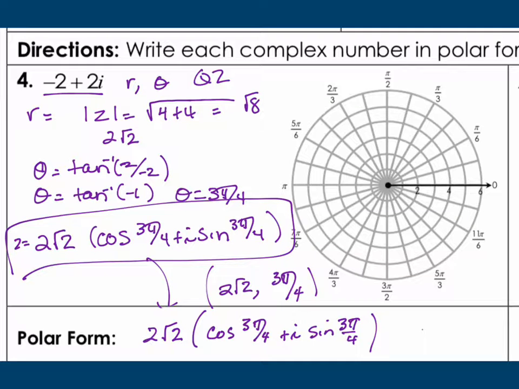So we're looking at 3 pi over 4, which is right here, and 2.8. So this is 3, so a little bit before. If this ring is 2, then 2.8 would be about there. So we'll label that 2 square root of 2, comma, 3 pi over 4.